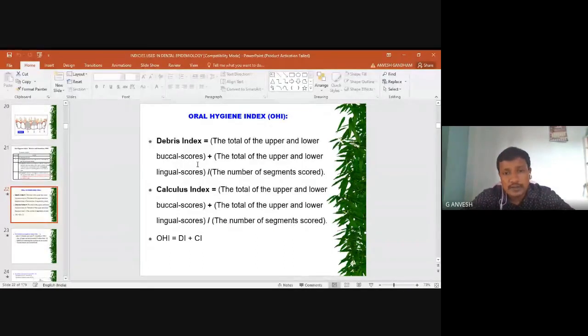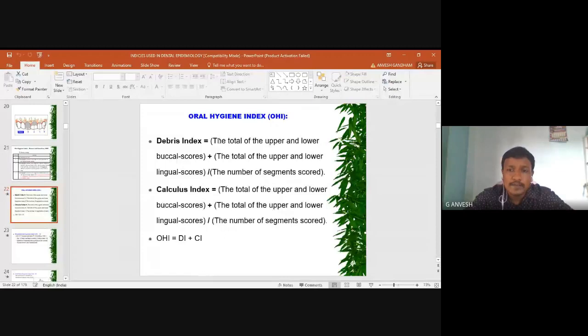So whenever you are calculating the debris index, we have to add all the upper and lower buccal scores plus the total of the upper and lower lingual scores, divided by the number of segments scored. So usually the segments are 6 segments. Whatever scores we have attained while examining that particular segment, we have to add all the scores.